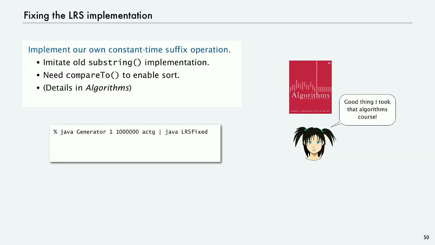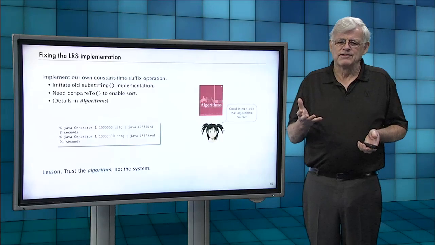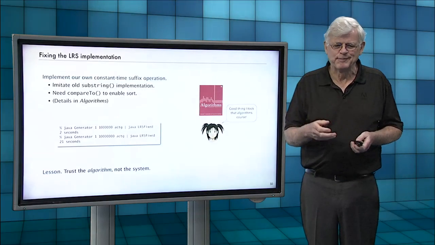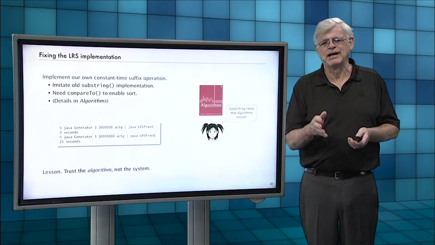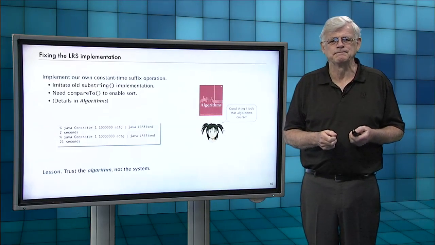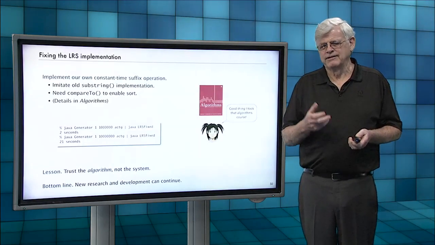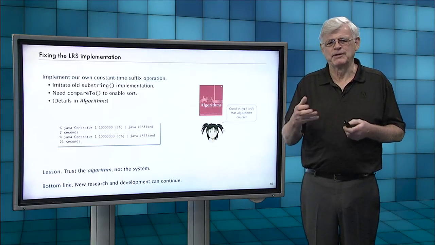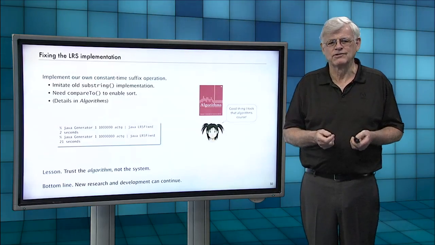And if we do that, then even today we can find longest repeated substrings in huge strings in a very small amount of time. So the lesson is: trust the algorithm. This algorithm was around before Java. It'll be around after Java. You want to trust the algorithm, not the system. And people are continuing research and development in these kinds of areas.